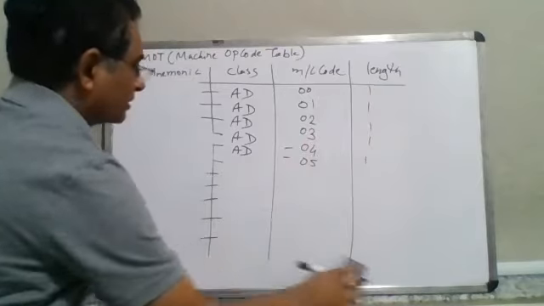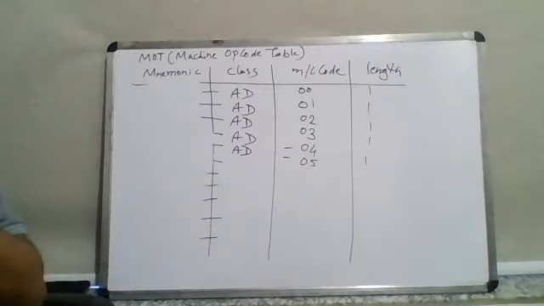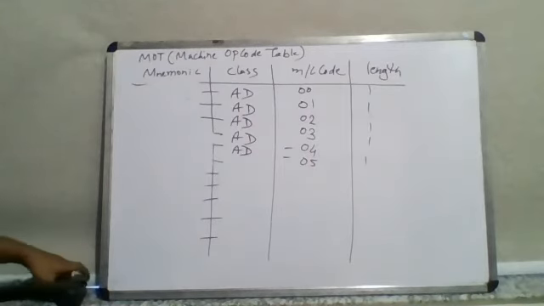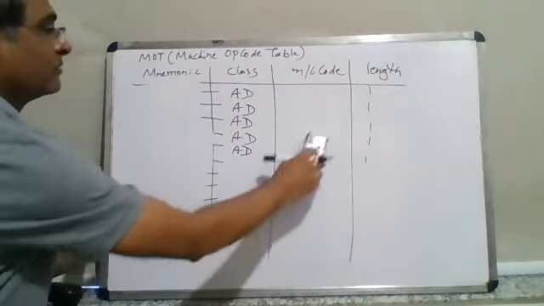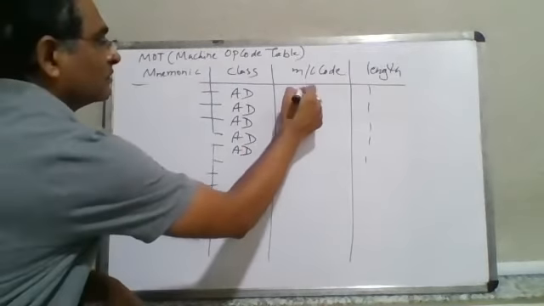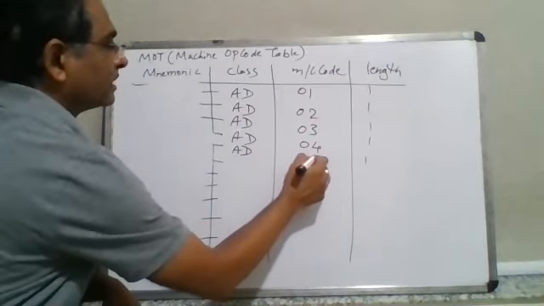Which are the various mnemonics in this class? See, there is no 0, 0 here. Understand, there is no 0, 0. It will start from 1. So there will be some change here. It will be 1, 2, 3, 4, and 5.